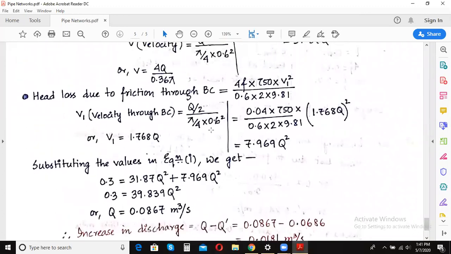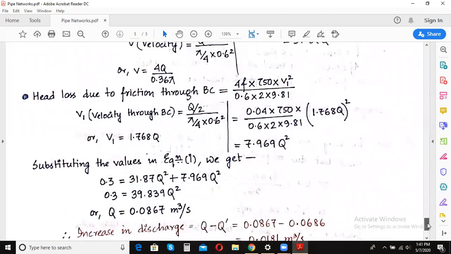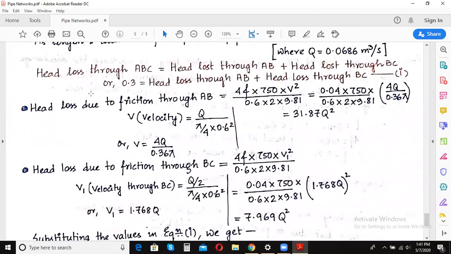So if you put the value, then the head loss that is occurring through BC is equal to 7.969 Q square, and the head loss through pipe AB is equal to 31.87 Q square.